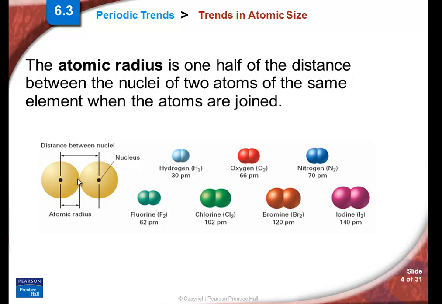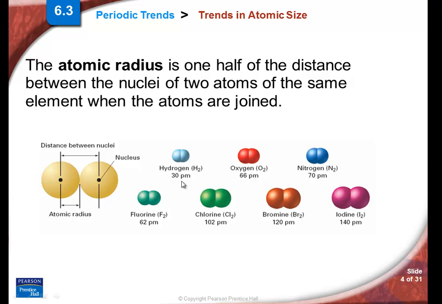There's a number of different experimental techniques that can determine this internuclear distance, and I think you can see, from the geometry of the diagram here, that 1/2 of the distance between those 2 nuclei is a good definition of an atomic radius.